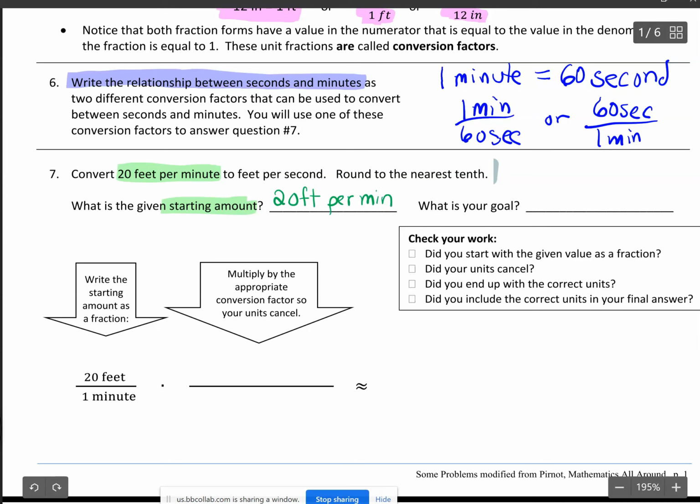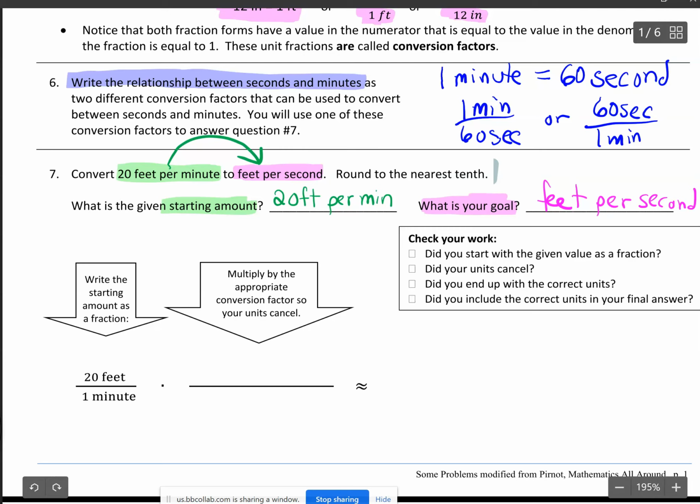That's what I'm starting with. Then you need to train your brain to say, okay, what was my goal? Like, what am I even trying to do? I'm trying to get, what, feet per second. I want to take feet per minute and make it feet per second. So my goal is going to be feet per second.